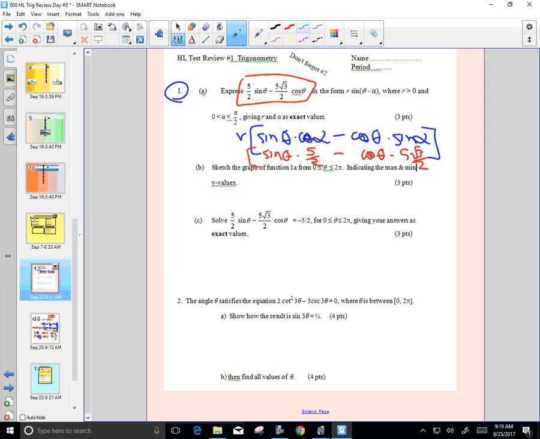Whether you caught this or not, it would make life so much easier if you would just factor out a 5. Because now what you have is cosine alpha is equal to 1/2, and sine alpha is square root of 3 over 2. Do you like that? Is that better? And so let's say we're in quadrant what?